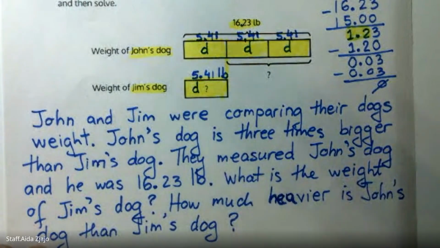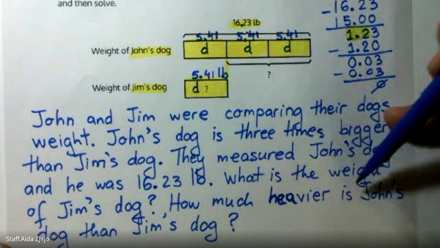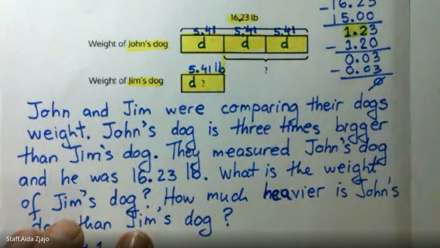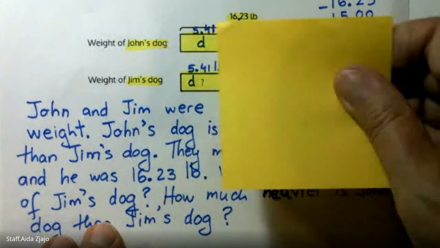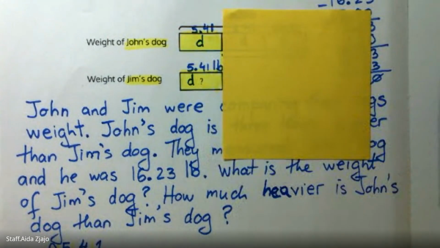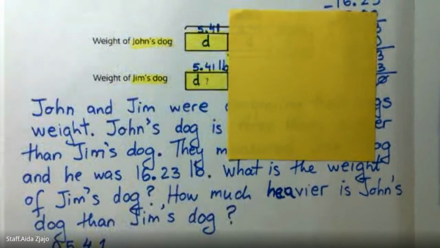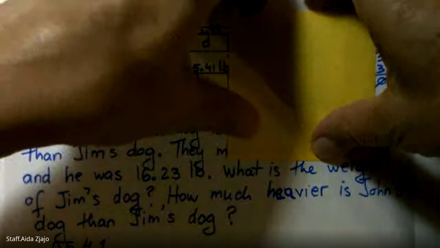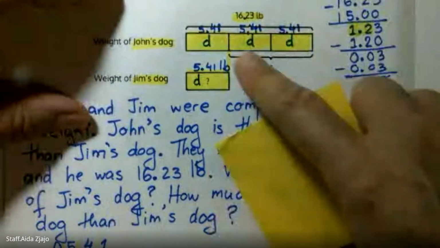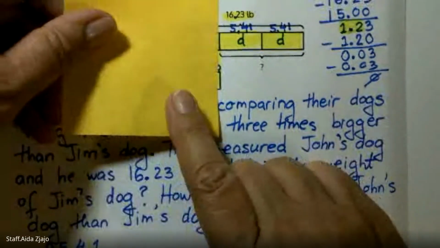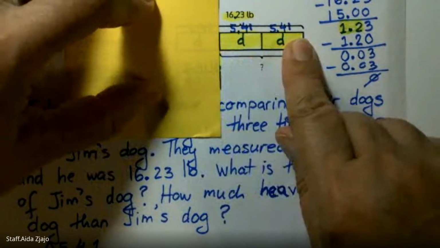And then next we need to find how much heavier John's dog is than Jim's dog. So remember when I say to you that if they are the same, then each will weigh 5.41 pounds, correct? But because John's dog is 3 times greater than this, you can see this is more.